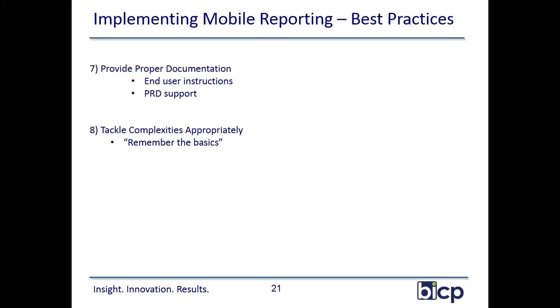So tackle complexities appropriately. When issues come up, I see people freeze up and say, well, I'm not sure what route to go to because the mobile server is new, we have this mobile device, it could be anything. But I just want to level set the playing field here and say this: remember the basics. Don't get too caught up in all these new things, the server, the new mobile device.